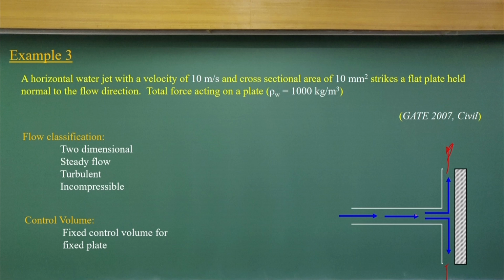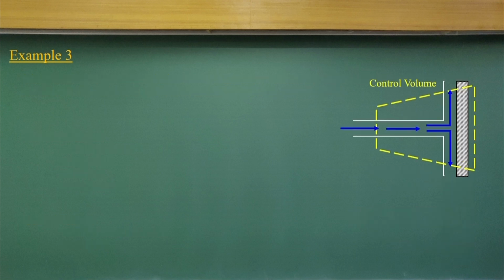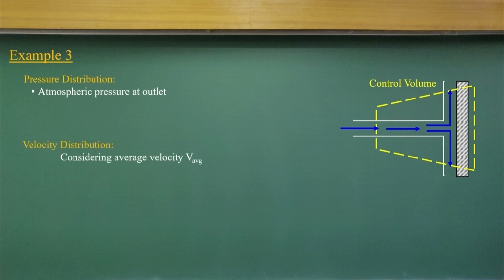We can consider a fixed control volume. Once you consider the fixed control volume like this, then you apply the pressure distributions. Since these water jets are exposed to the atmosphere, you can always use atmospheric pressure over this control surface.